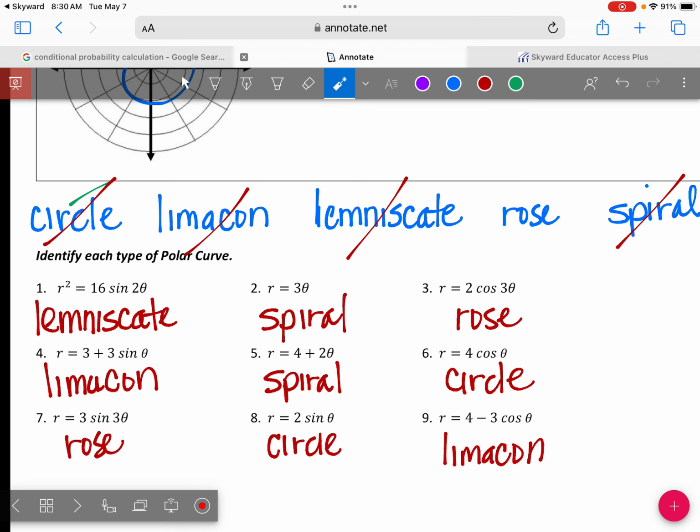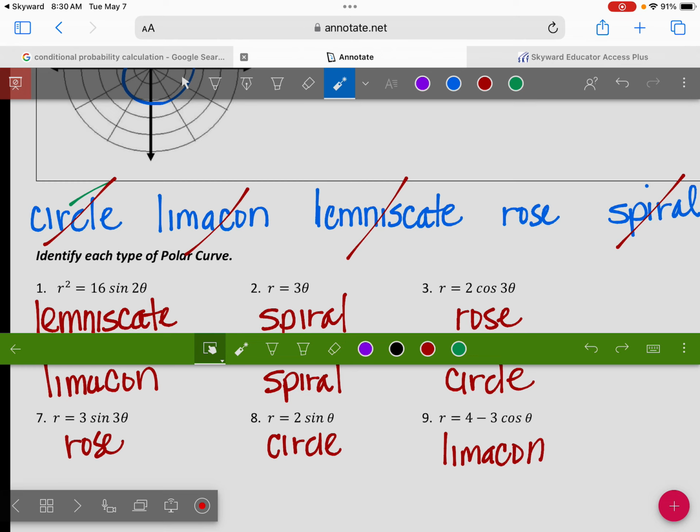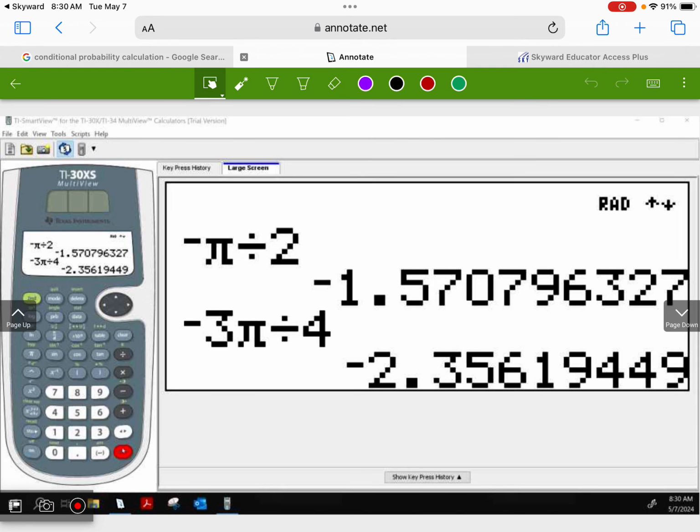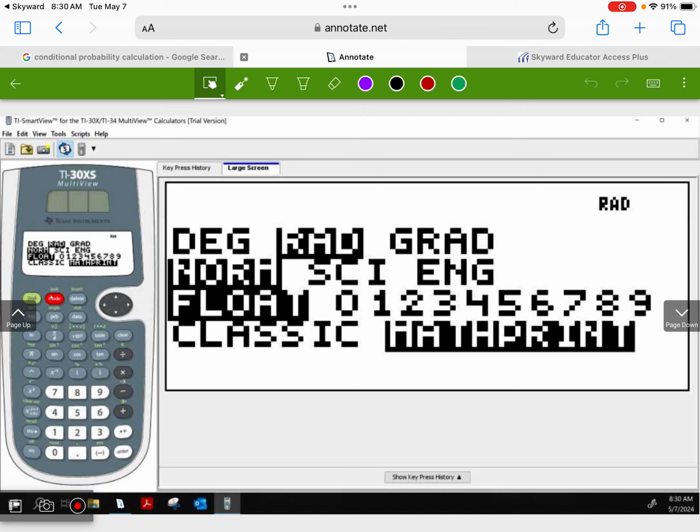So does everyone have a yellow calculator on your desk? The first thing we're going to do is change our calculator to radians. Because it's the 2nd period, I think 1st period already changed it, but let's make sure. On your calculator, hit that button at the top that says mode. Do you see at the top, you have degree, radians, graduated radians? We're not going to use that one.